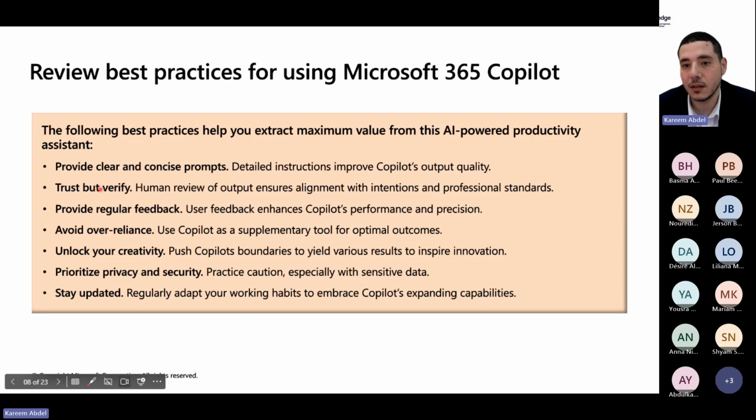So for example, I can say, format the response as a table or a list, etc. These are the main components I should use within my prompt. Now, as best practices of creating the prompt, I should always provide clear and concise prompts. So I should always steer away from ambiguity.